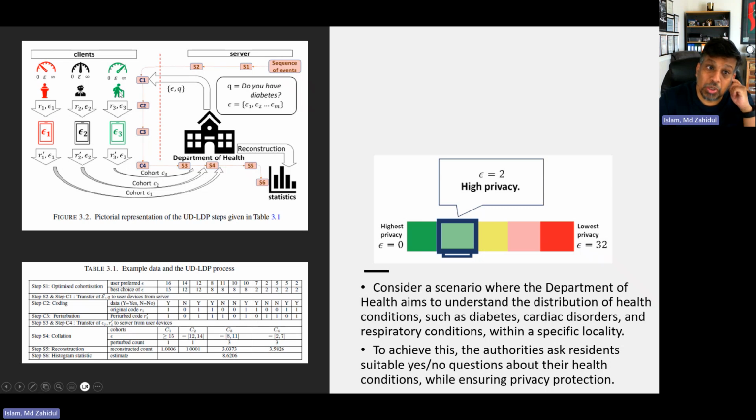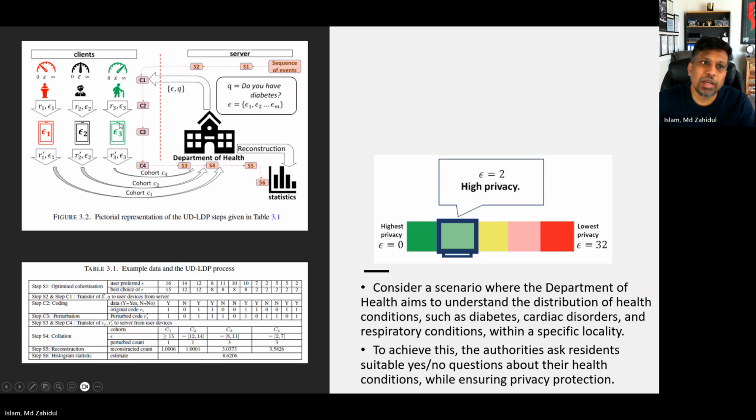Because person one said, yes, I have, it's changed to no. Person two said, no, I don't have, maybe with a probability it will remain no. Person three says, no, I don't have, it will be changed to yes. So it's very random and we don't know what's happening. So that is why we say that we will give epsilon options to the participants. For example, they can choose epsilon 2, epsilon 2.5, 3, 4, 5, whatever, up to, let's say, 32.